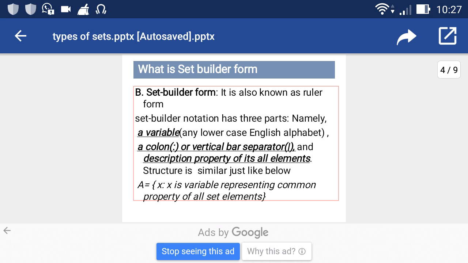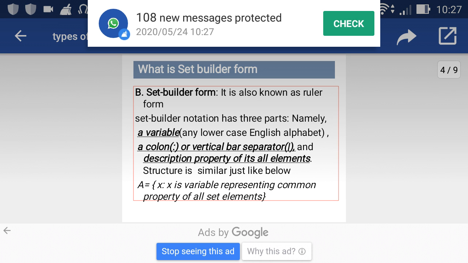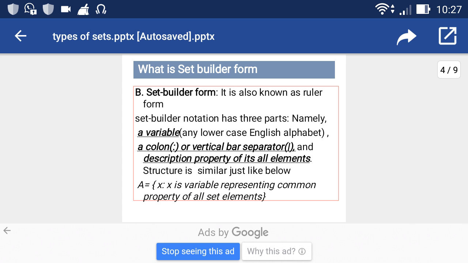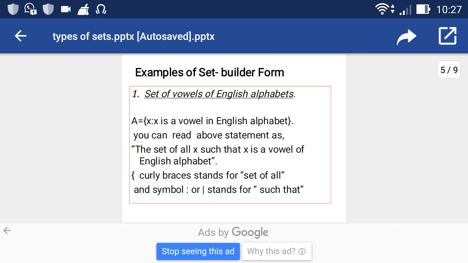For example, the structure of the set builder form is as shown below. Capital A is equal to curly braces, small letter x, colon meaning "such that", where x is the variable representing the common property of all the elements. Let us take some examples of set builder form. A set of vowels in English alphabets.